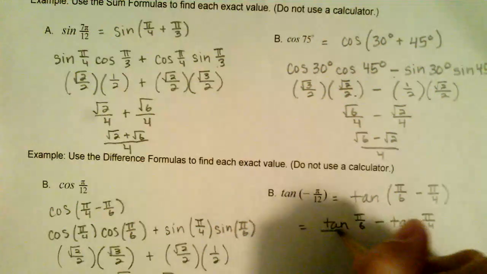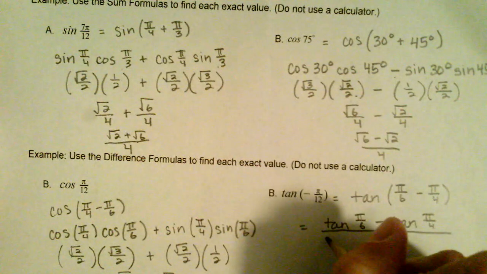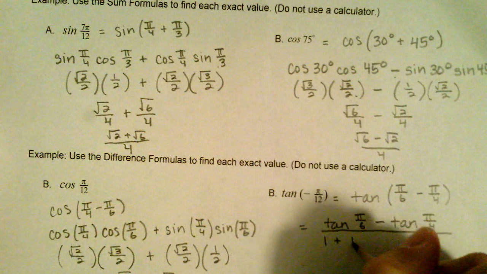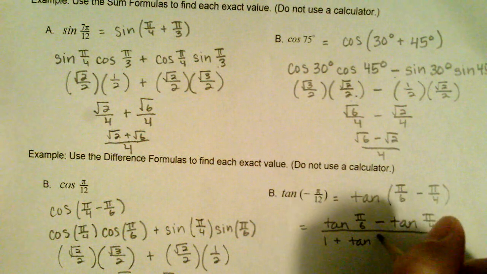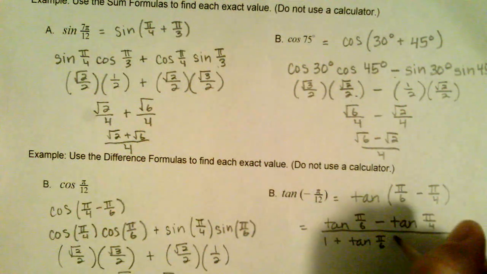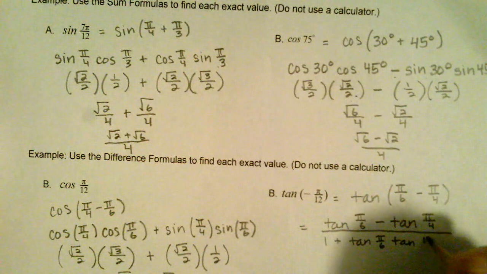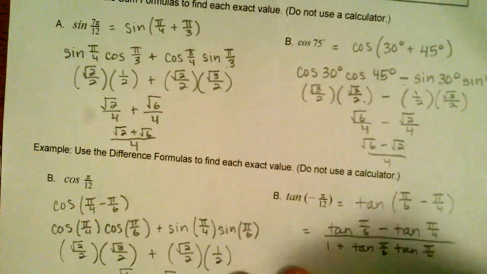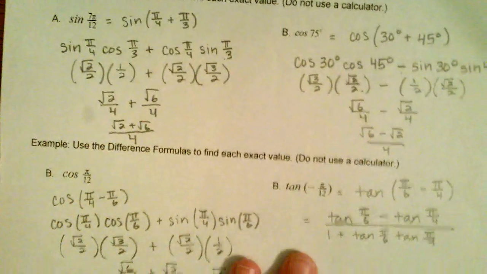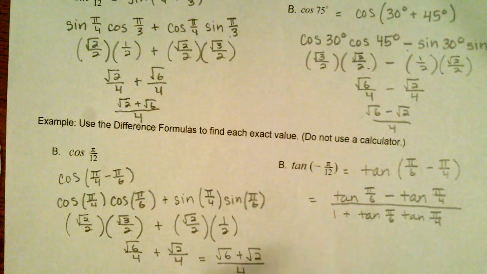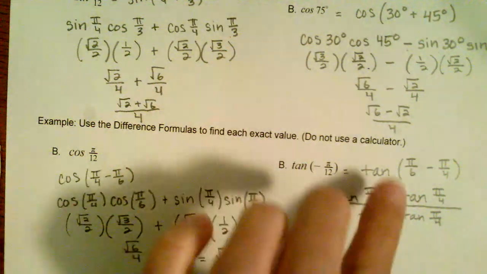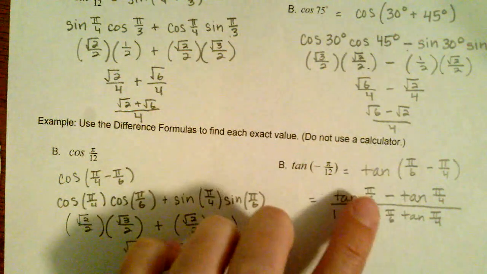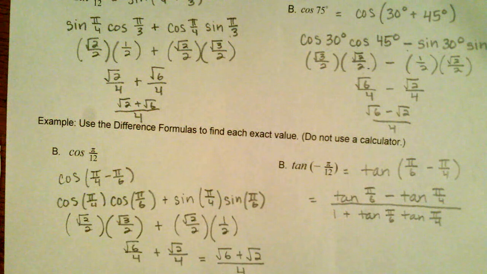And that's all over 1 plus the tangent of the first angle times the tangent of the second angle. Okay, so I would be looking for this whole expression in the represent portion of your quiz. Okay, rewriting the formula with the correct angle measures put in.